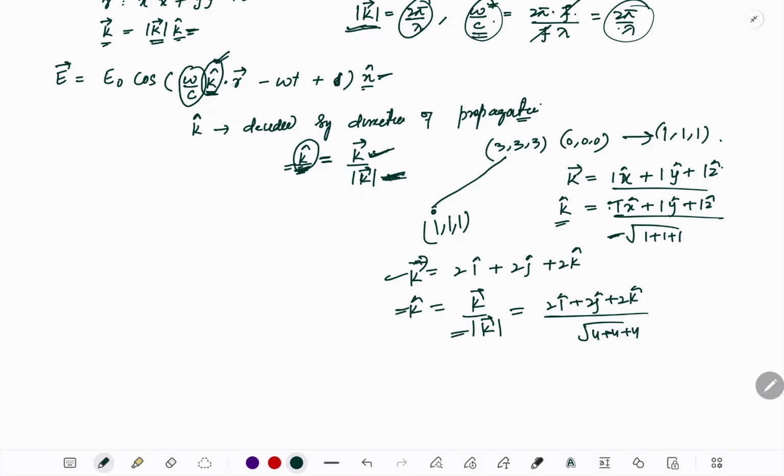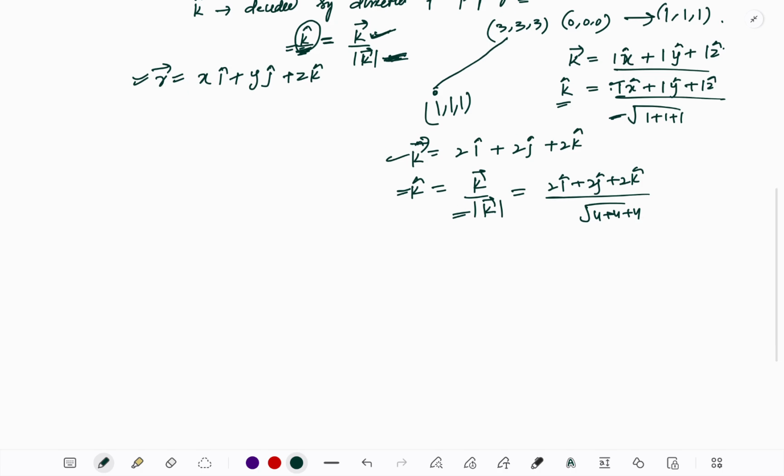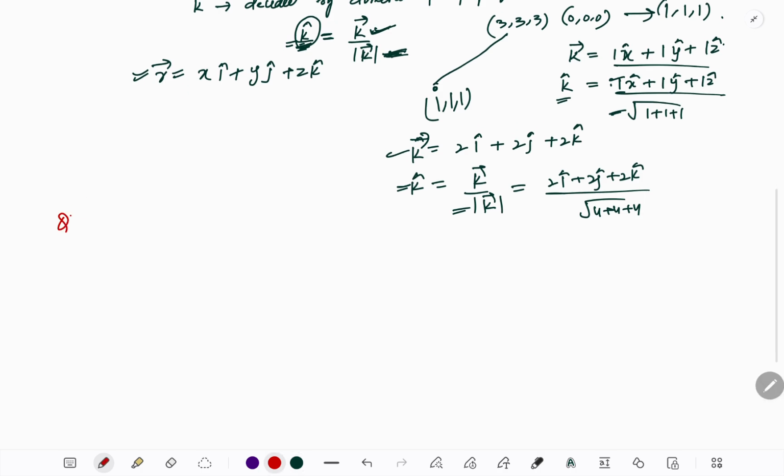Then we'll do the dot product of the k cap with the position vector. Position vector is simply x i cap plus y j cap plus z k cap. I hope you understand how to do this. I know it feels a bit confusing right now, but when we do the question, it's very easy. Let's do a question directly, then you'll understand what I mean.